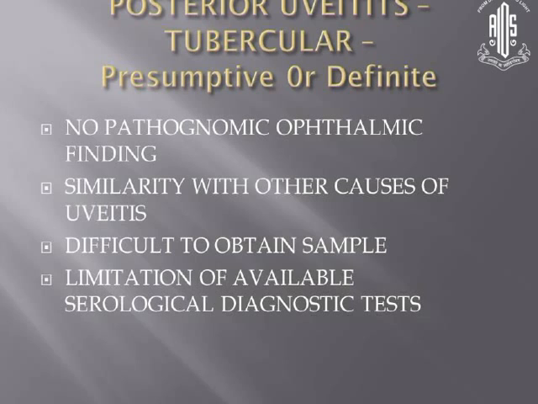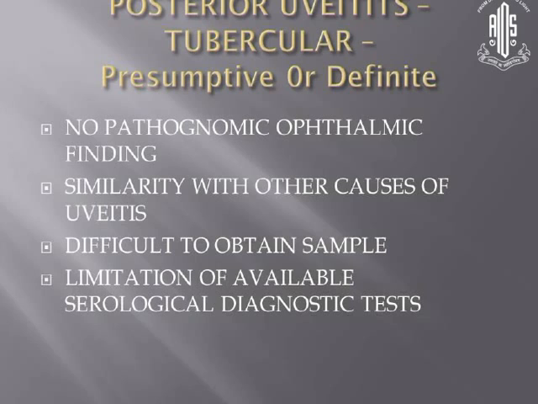Tuberculosis is a very common hot topic in uveitis, whether it's presumptive or definitive. The majority of the cases are presumptive because there is no pathognomonic ophthalmic finding. There is similarity with other causes of uveitis, difficulty to obtain a sample for demonstration of AFB, and limitation of serological tests.